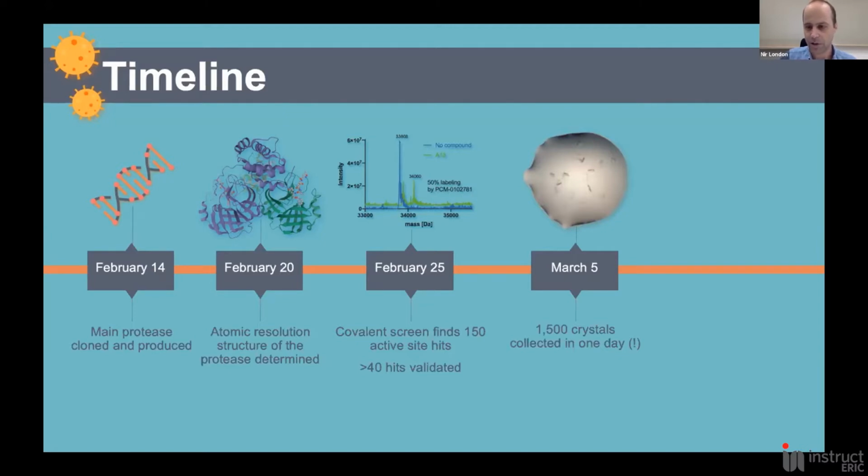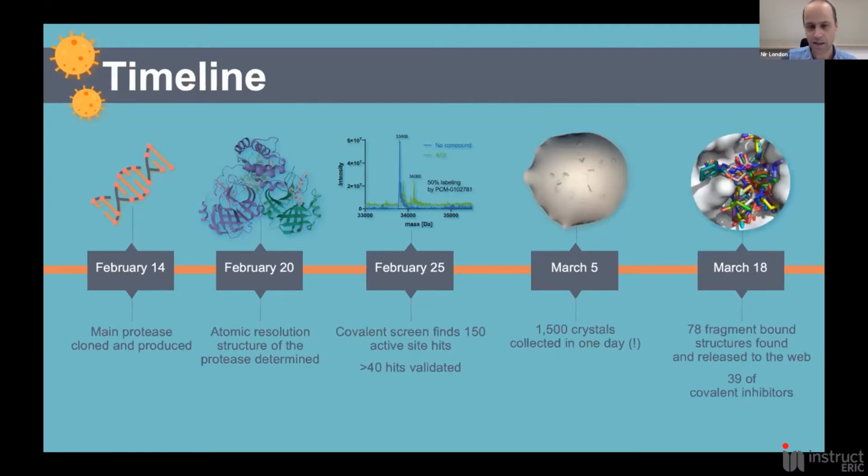By March 5, they collected more than 1,500 different crystals. And within a month from the initial cloning, we had already deposited 80 complexes of Mpro with various fragments to the PDB, and we made all the data publicly available. And actually, just this week, the official manuscript was accepted for publication, but all the data was available since February as a preprint paper.